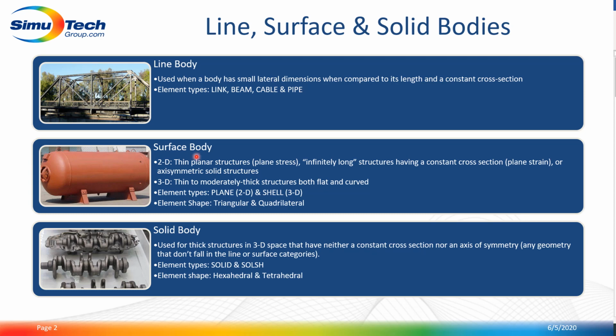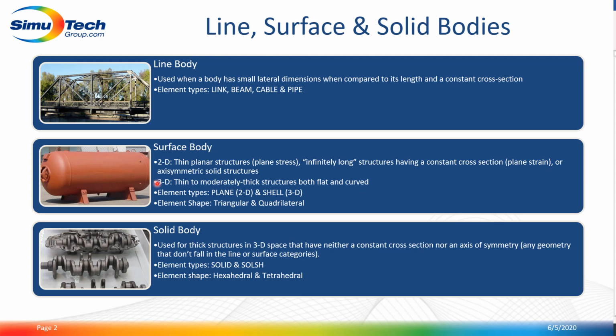For the surface body, they are divided into two categories. So the 2D body can be used to model thin planar structures using a plane stress assumption, infinitely long structures having a constant cross-section based on a plane strain assumption, or axisymmetric structures.